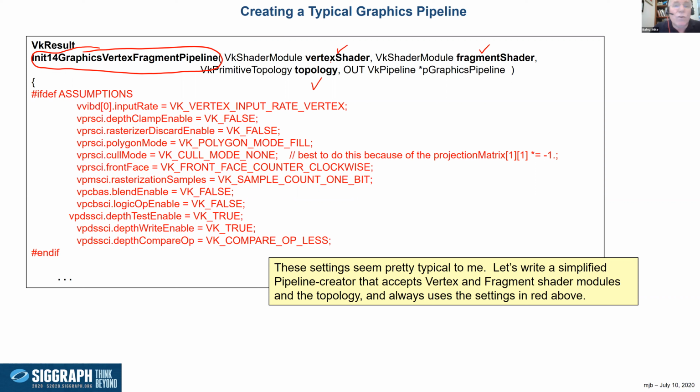That may be a horrible assumption, but it worked for me. So you can ignore this if you want, but that's why it's in there. It sets all of these things, and the only thing different each time it was called was you got to specify the two shaders and the topology. So yeah, we're all looking for ways of simplifying our Vulkan programs.